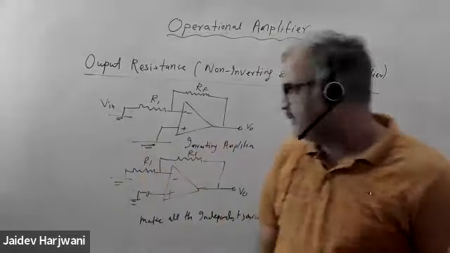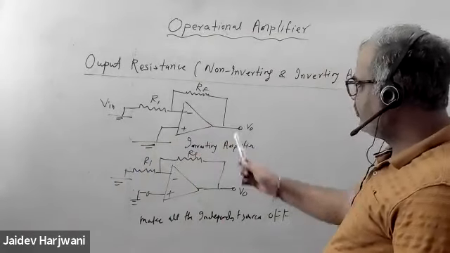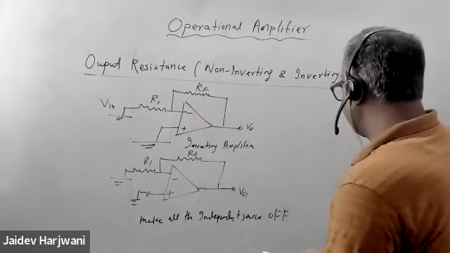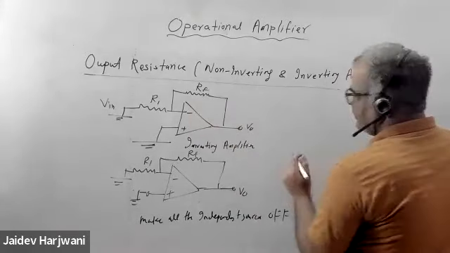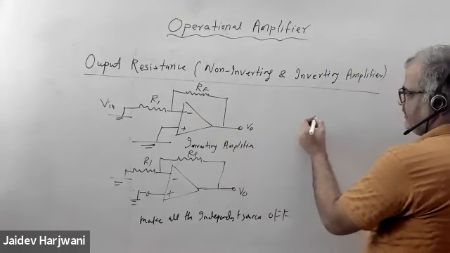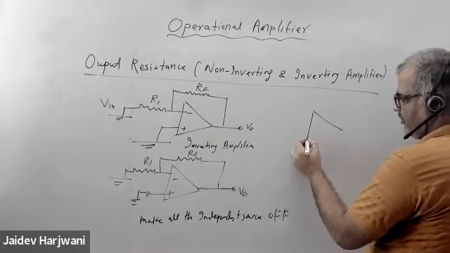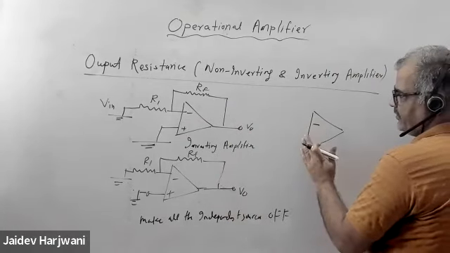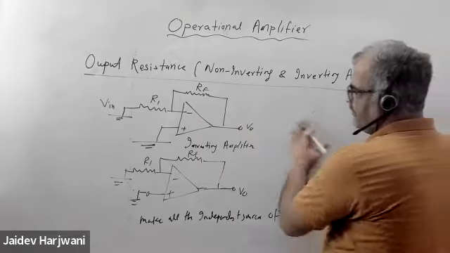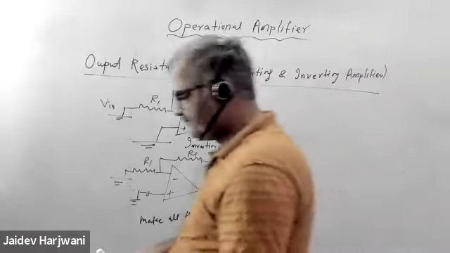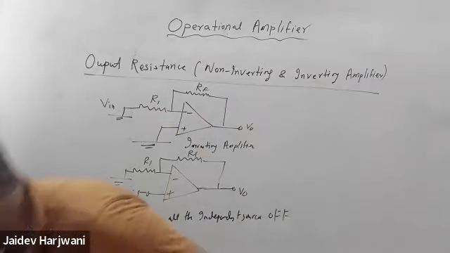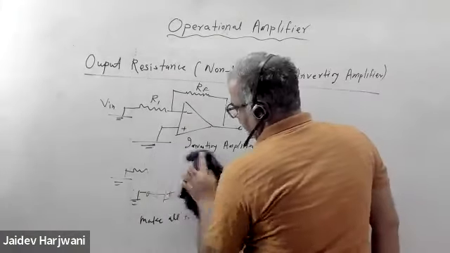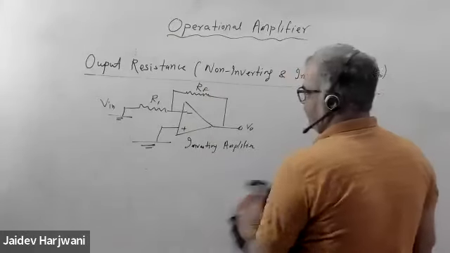Now if I want to calculate output resistance, suppose there is no feedback. I know the equivalent resistance of op amp. So I am calculating now for inverting, both configurations are same. When I make this off, both are same, and now I'm calculating for this one.